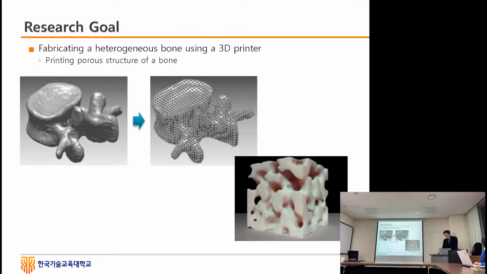Bone has many holes inside it. It is a porous structure. In previous studies, a porous structure was represented just as regular patterns. So in my study, I wanted to represent such a structure as similarly as possible.